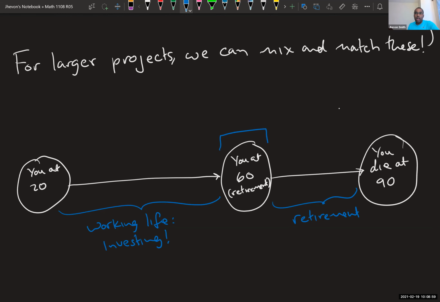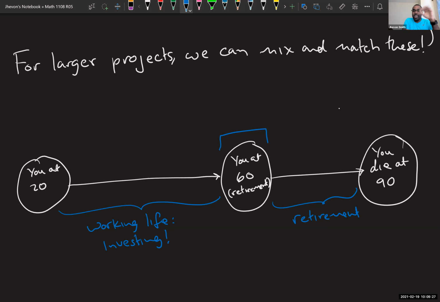Now you can make a plan. You can say, in retirement, I want to be able to get $3,000 a month for the rest of my life. So you want to make sure that you can spend $3,000 a month out of whatever money you saved at retirement, and you can continually do that for 30 years.